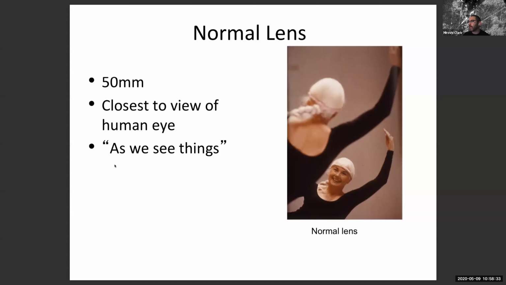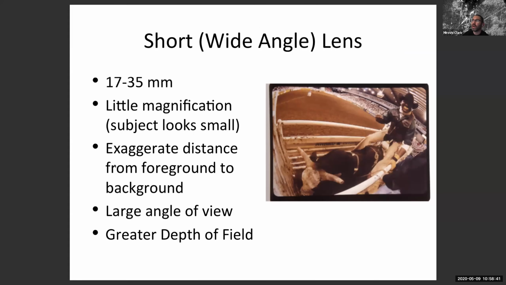So again, I don't know why we're going over this again, but the 50 millimeter is the closest view to the human eye, sort of how we see things. The short wide angle, 17 millimeter to 35, has little magnification, so the subject looks small. It does exaggerate the distance from the foreground to the background. You can even see it right here.